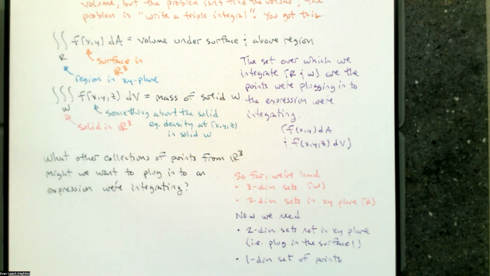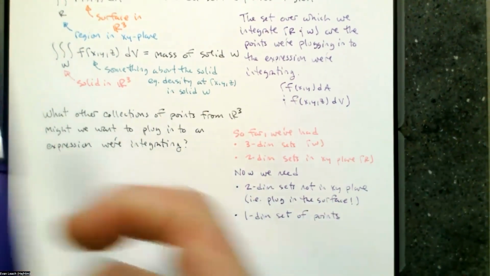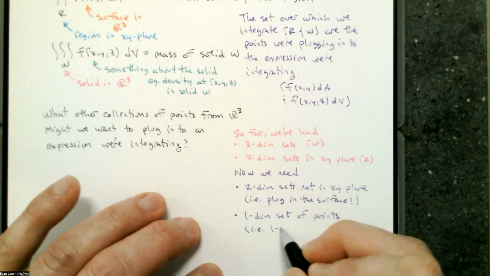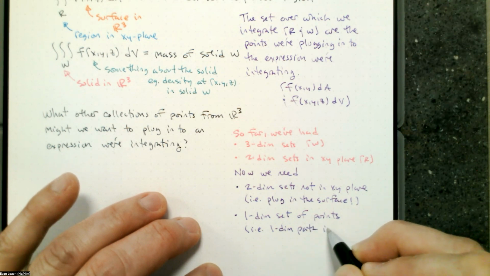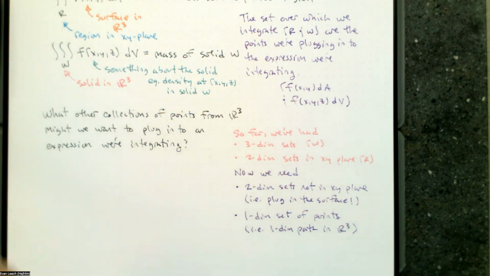What if there's a path in three-dimensional space and we want to evaluate an expression at all the points on that path? What if we wanted to integrate over a one-dimensional path in R3?